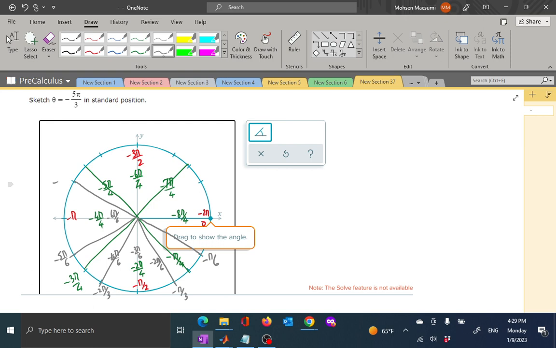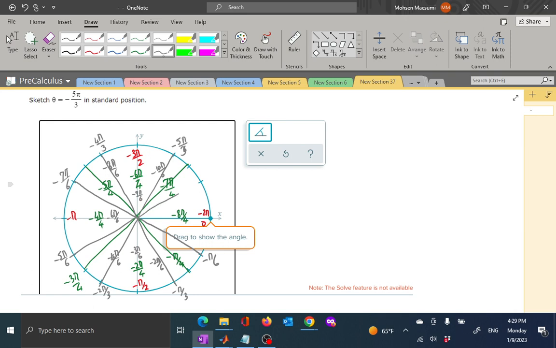By the time we come here, minus 7 pi over 6, minus 8 pi over 6, this has to be minus 9 pi over 6, and then minus 10 pi over 6, which is same as minus 5 pi over 3.